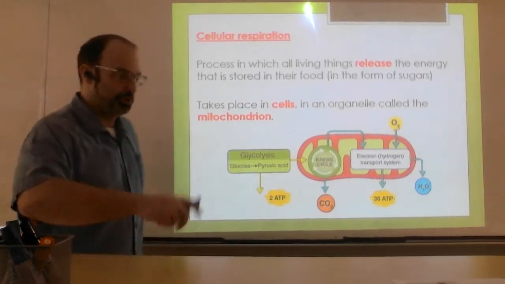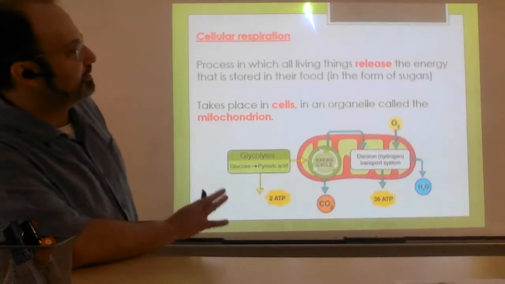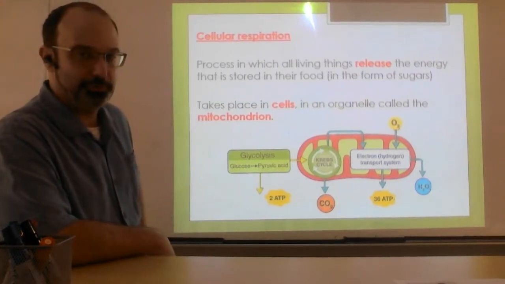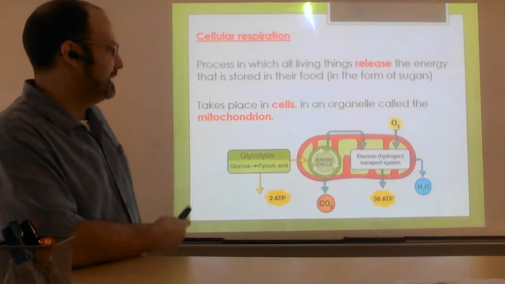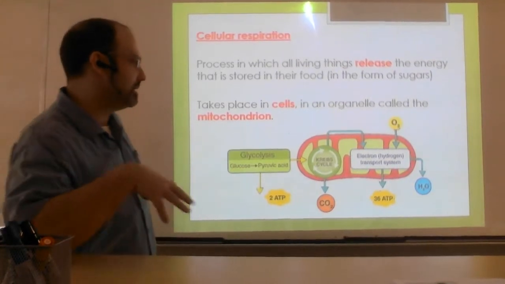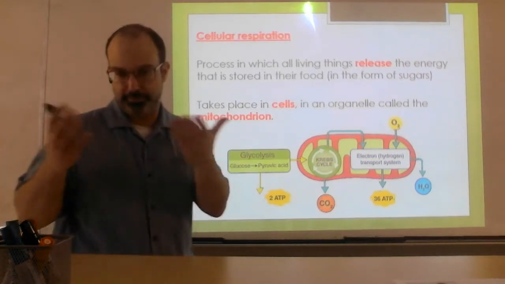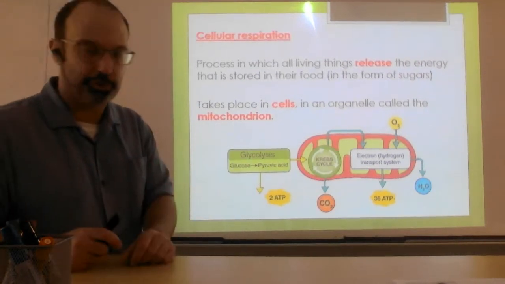Cellular respiration. Let's keep going. The process in which all living things release the energy that is stored in their food, aka those sugars. It takes place in a cell in an organelle called the mitochondria. Although here it's mitochondrion, and that's the singular version as opposed to the plural. That doesn't matter.